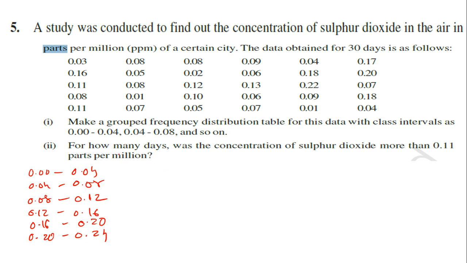Now, this is the class interval. Okay, here you have to write class interval, and here you have to write tally marks, and here frequency. Now we have to count.